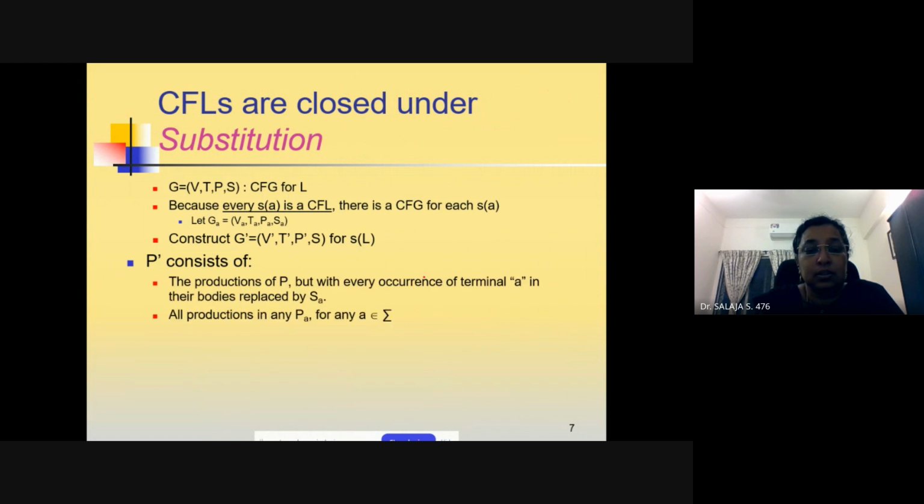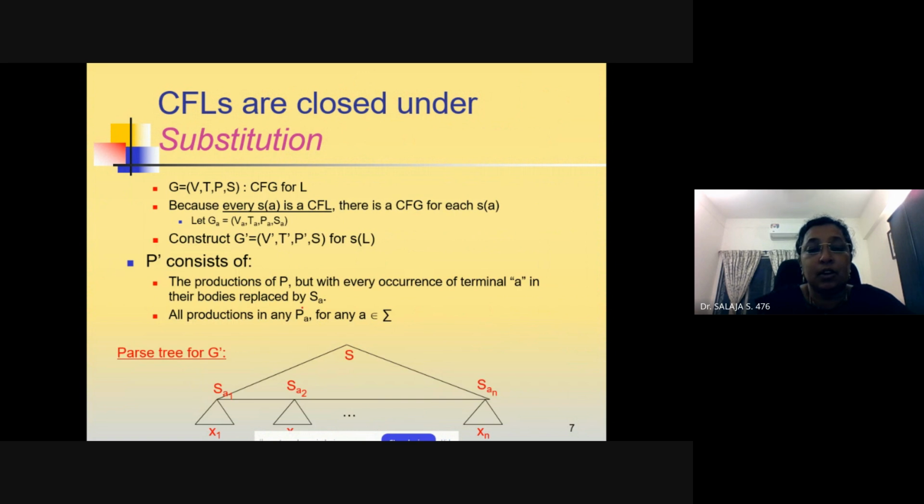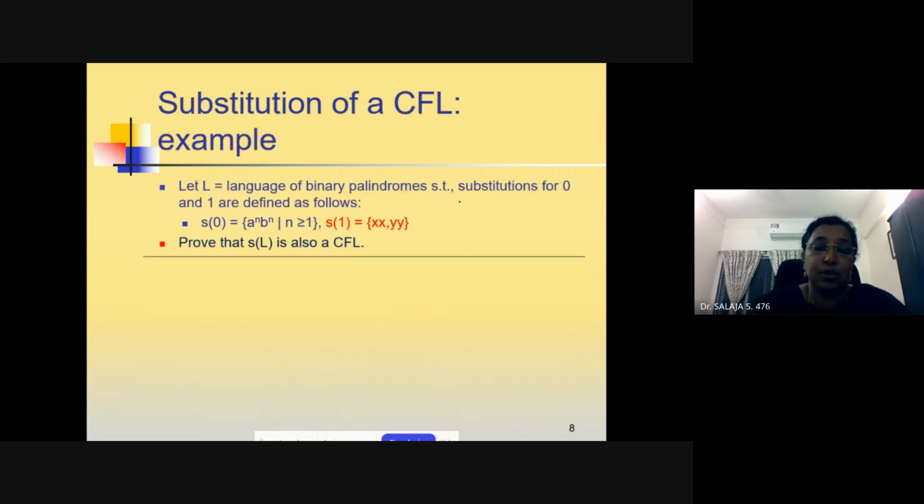And you have all these conditions where you have a substitution, and now I am supposed to construct a new set of productions. And how will the productions be? We'll add all these productions which are defined for substitution, which can be grouped together.